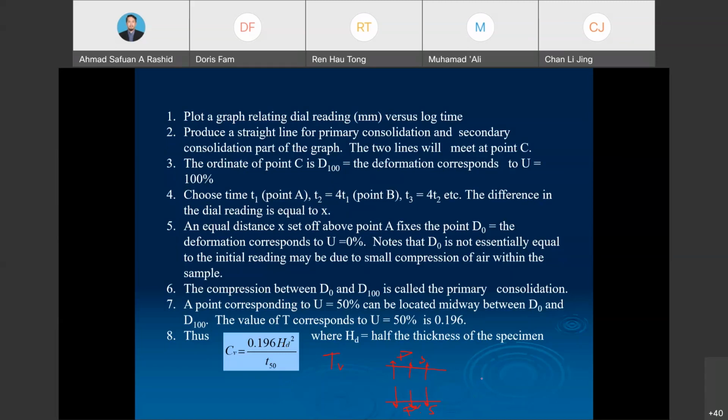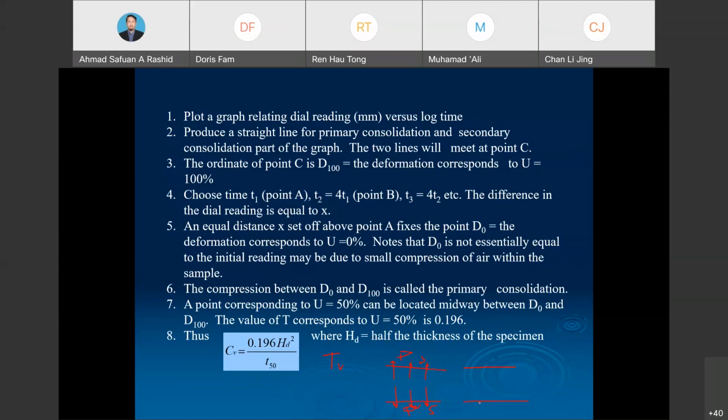On the other hand, if the soil is overlain by a porous stone and underlain with a hard aluminium plate.